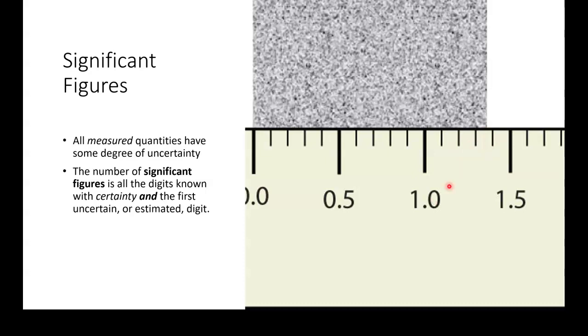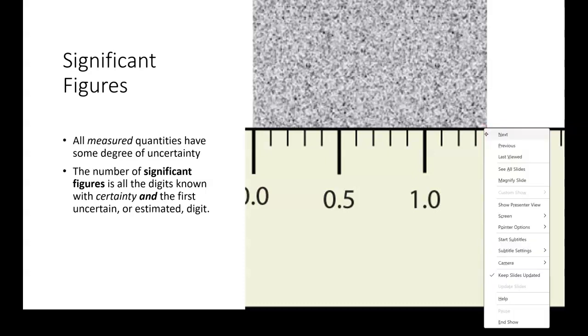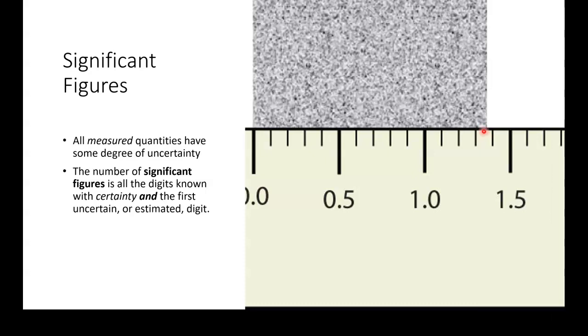We know it's at least 1.3 because it's past the 1.3 hash mark, but it is not yet quite to the 1.4 hash mark. And it looks like it's just over halfway toward the 1.4.